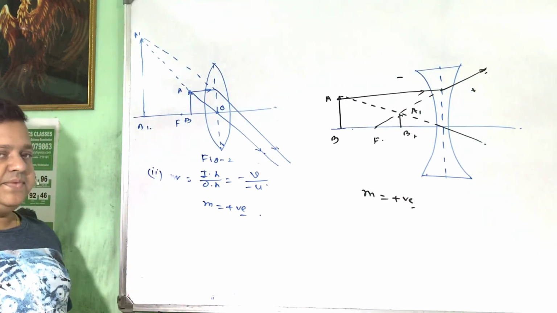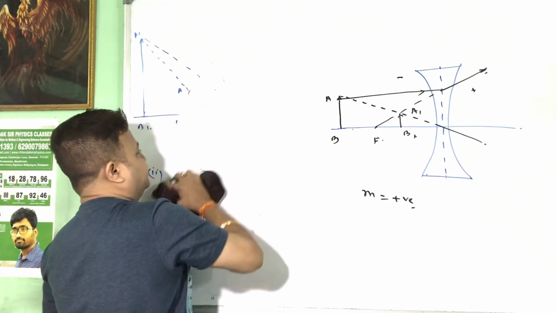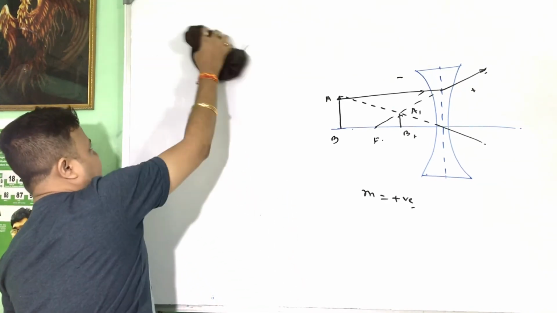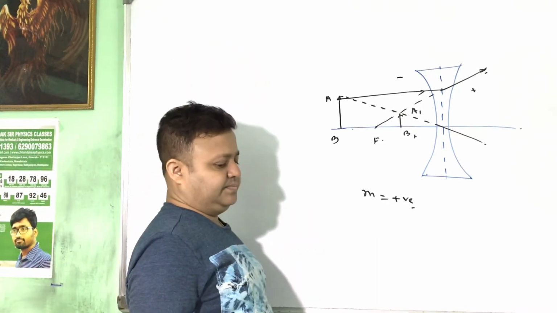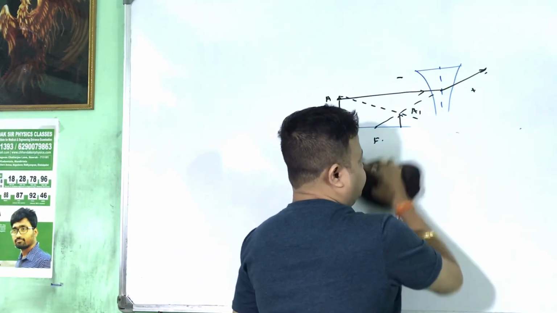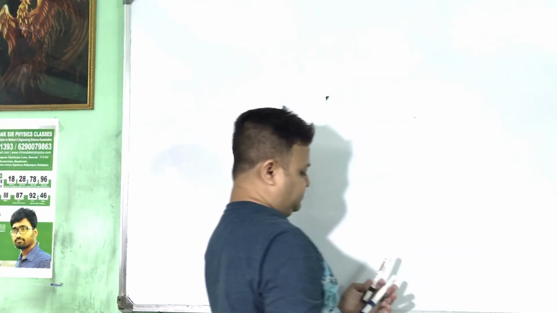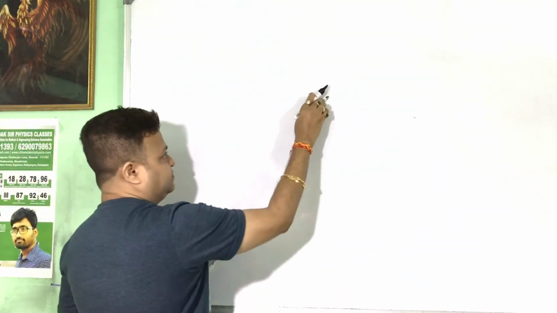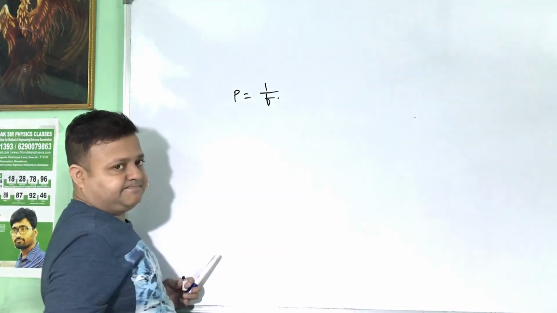Next one, power of the lens. Power of the lens equals 1 by focal length.